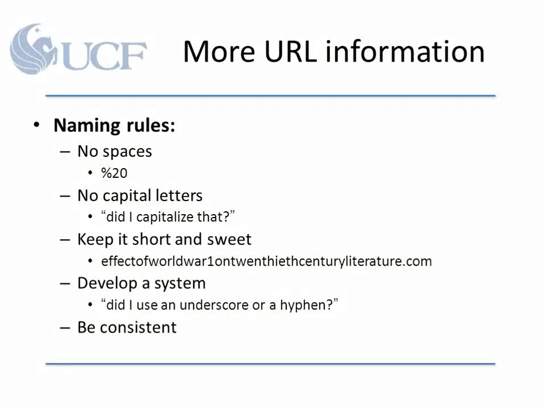So if you use hyphens, always use hyphens. Don't use underscores. Use the same types of abbreviations. So I typically use the first syllable of a long word if that lets me know what that word means. And sometimes I'll go into a little bit more, but typically I use the first syllable. And following all of these rules is going to help you as you begin the web authoring process.